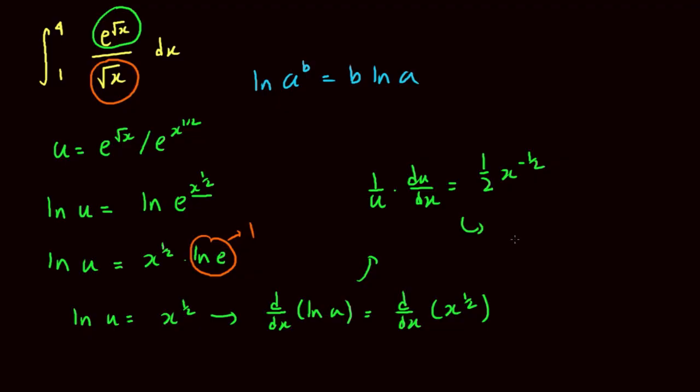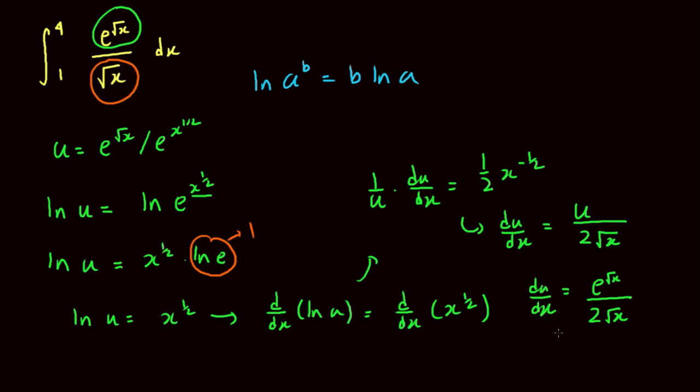And then we bring it back, we end up having du/dx is u over 2 root x. And our u is e to the power of root x over 2 root x. That's our du/dx.